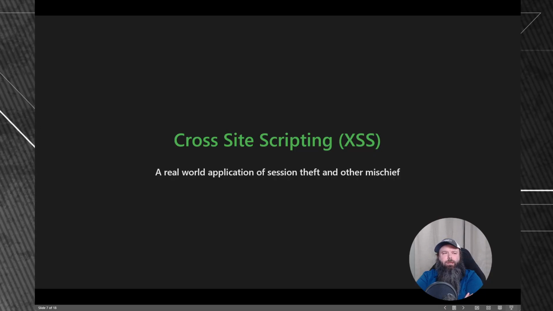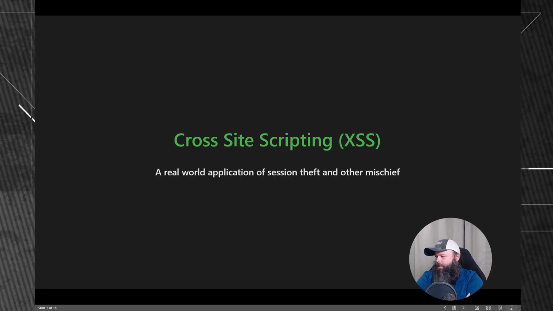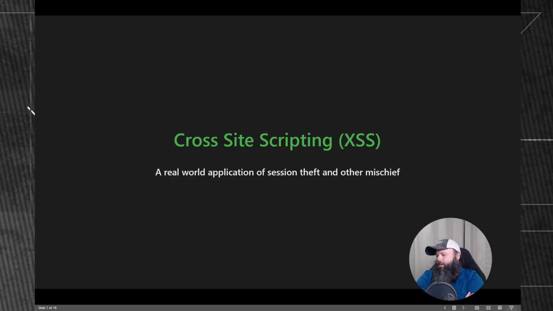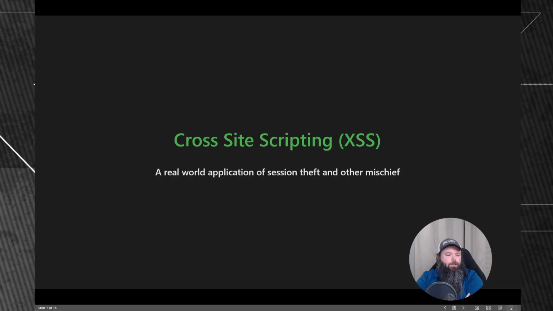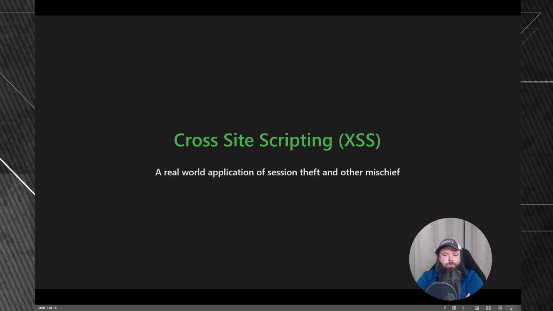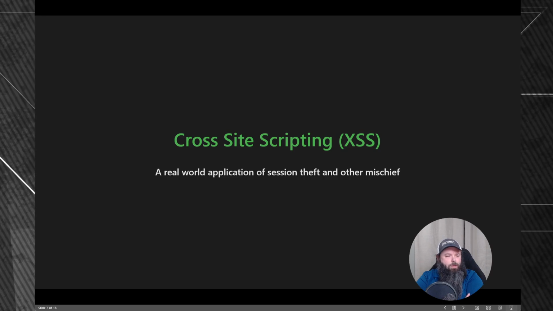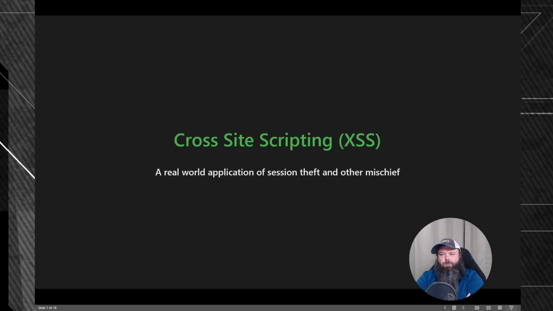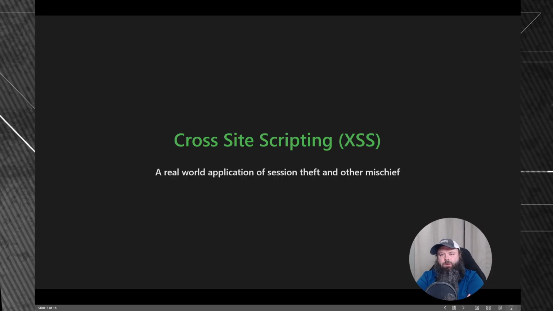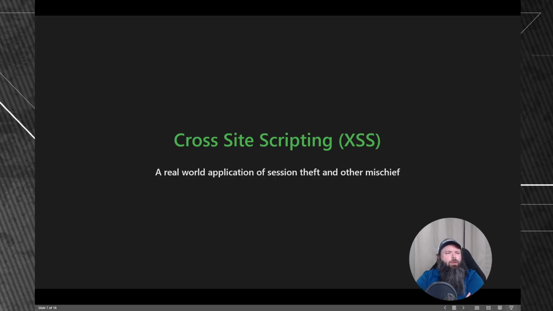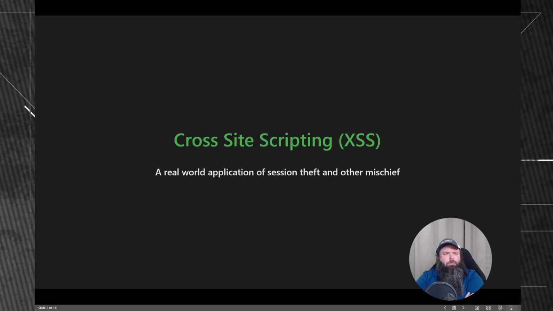Cross-site scripting is a methodology where the attacker attempts to get the victim's browser to do something that it wasn't intended to do. In almost every case, this is to run some sort of JavaScript code, hence where the scripting piece of cross-site scripting comes from. And it's basically abusing trust.